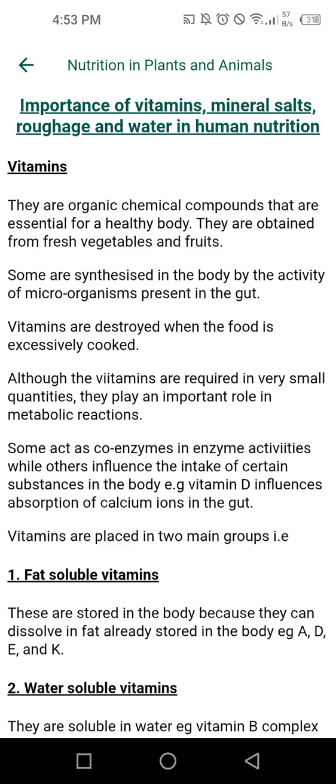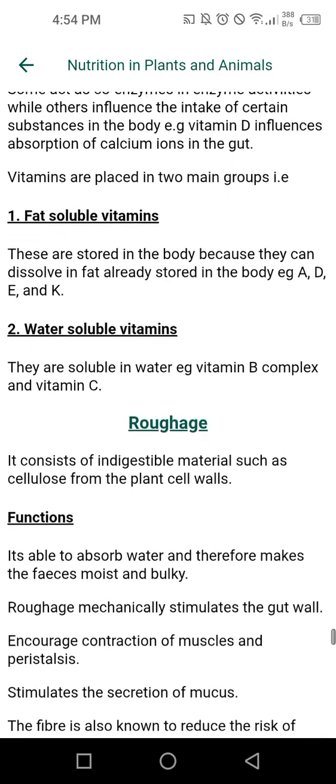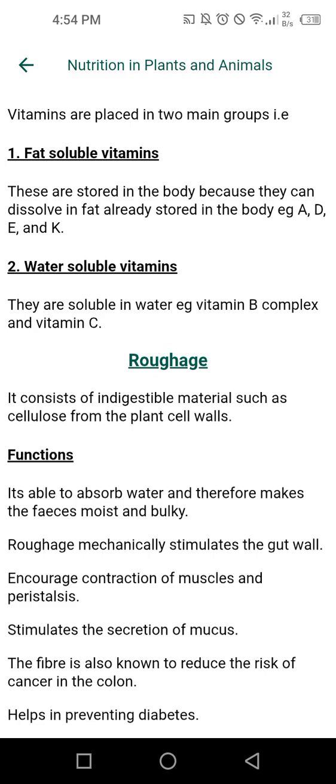Some act as coenzymes in enzyme activities while others influence the intake of certain substances, e.g., vitamin D influences absorption of calcium ions in the gut. Vitamins are placed in two main groups. One, fat-soluble vitamins. These are stored in the body because they can dissolve in fat already stored in the body, e.g., A, D, E, and K. Two, water-soluble vitamins. They are soluble in water, e.g., vitamin B complex and vitamin C.